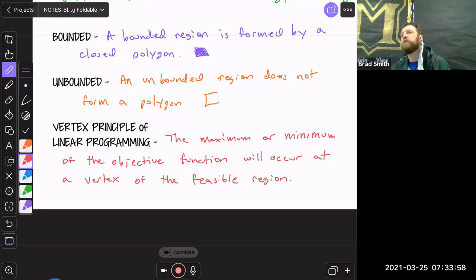You will be using the vertex principle a lot. That's how we solve linear programming. It's a long process. The vertex principle states that the maximum or minimum of the objective function will always occur at a vertex of the feasible region, so one of the vertex points.